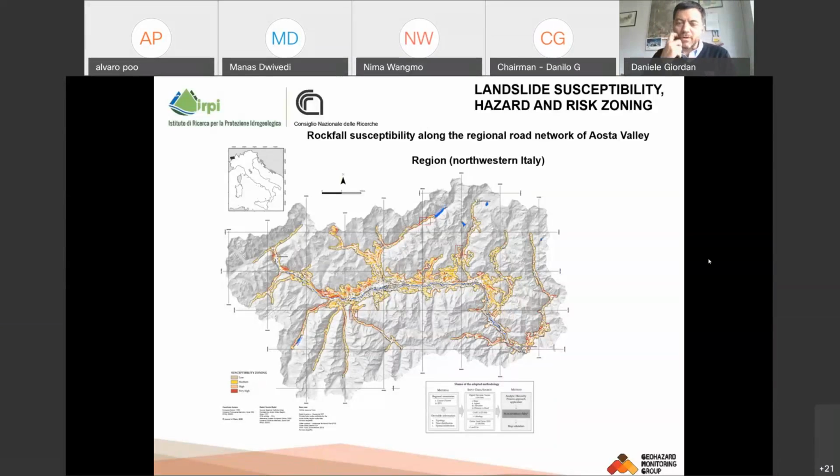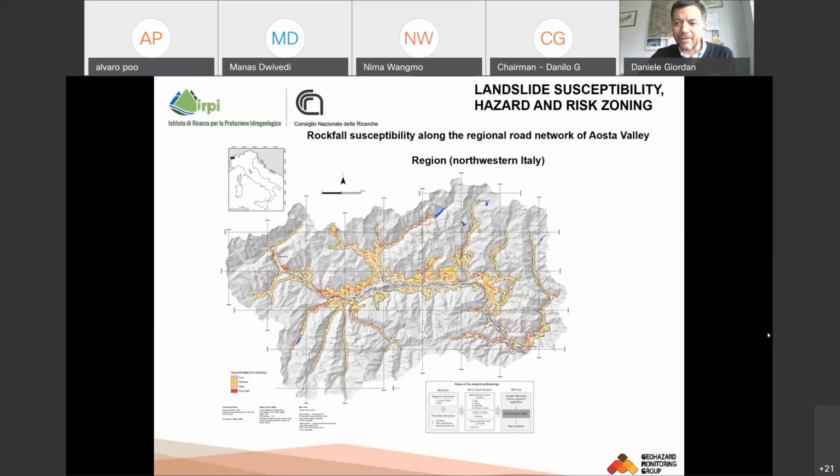So the question was, why is it not easy to make a vulnerability map at regional scale? Sorry, probably I was not so clear on this point. It is not difficult to create a susceptibility map at regional scale.